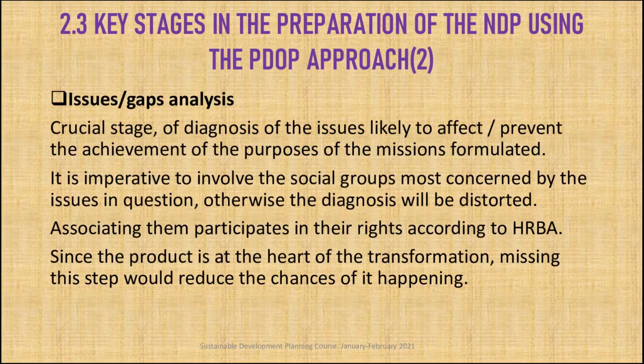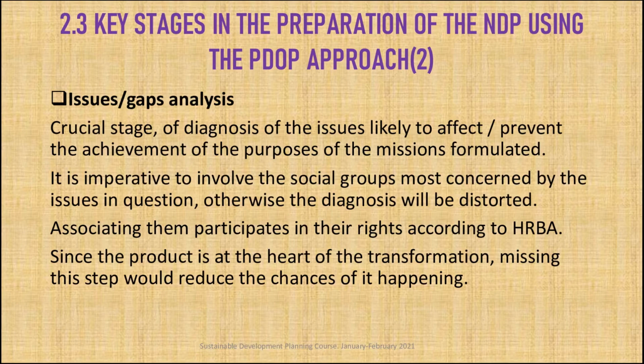The third stage is the issues and gap analysis. That's a crucial stage aiming at the diagnosis of the issues likely to affect or prevent the achievement of the purposes of the missions formulated. It is imperative at this stage to involve the social groups most concerned by the issues in question, otherwise the diagnosis will be distorted.